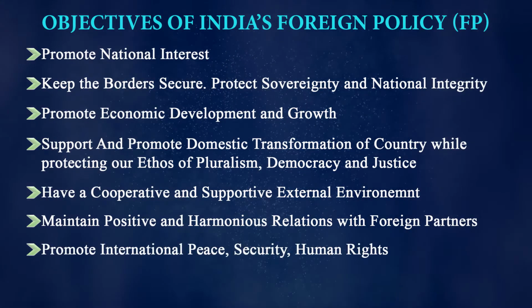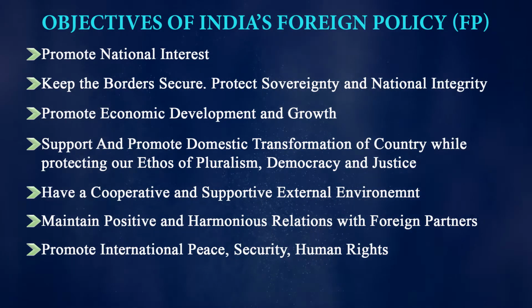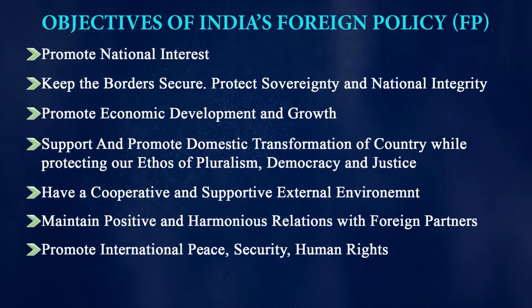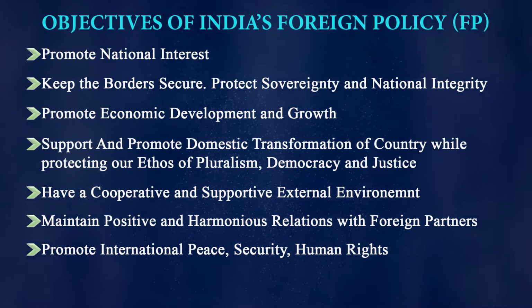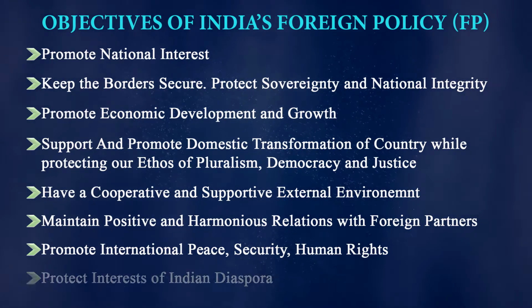Then ensuring that we maintain international peace, security, protect human rights, promote human rights, not only in our country, but the whole world. And then last but not the least, protect the interest of the Indian diaspora. We have about 25 to 30 million of our people who are outside the country, and their interests also need to be protected.